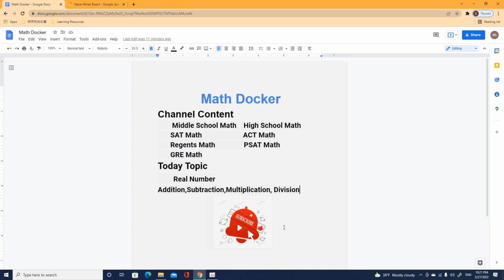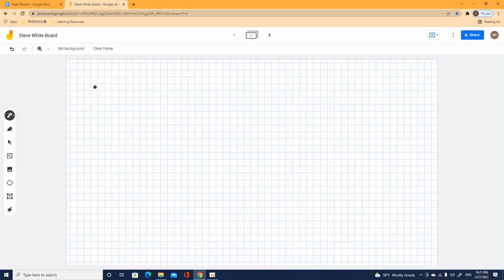Now let's go to today's topic. First, we talk about real numbers addition. Real numbers addition usually looks like this.